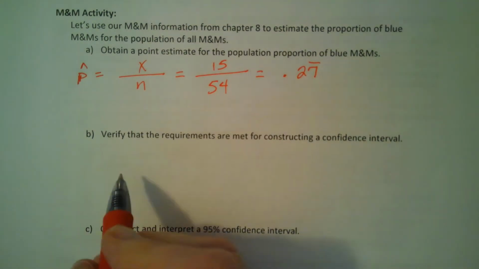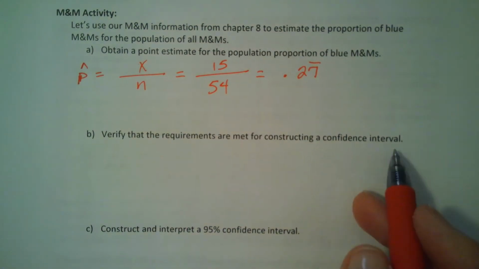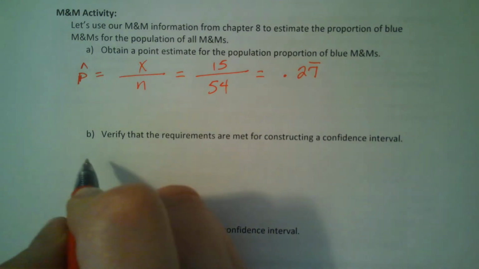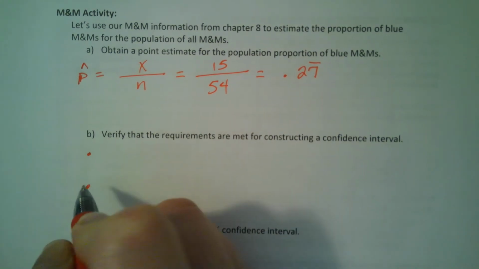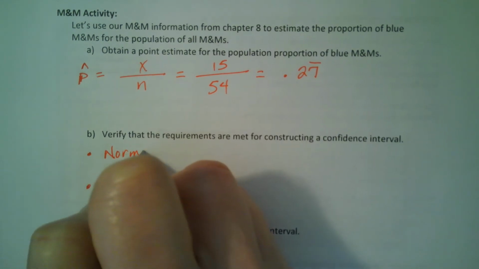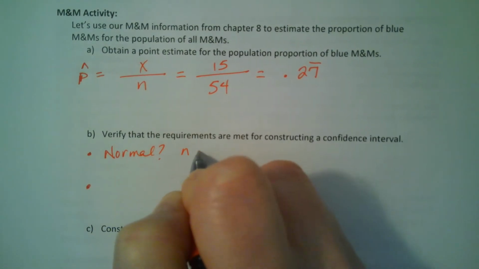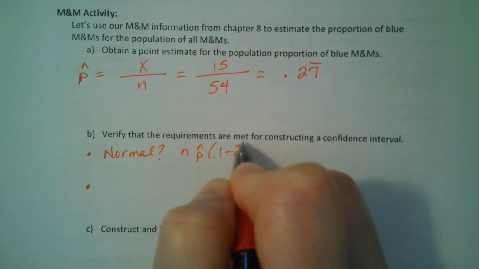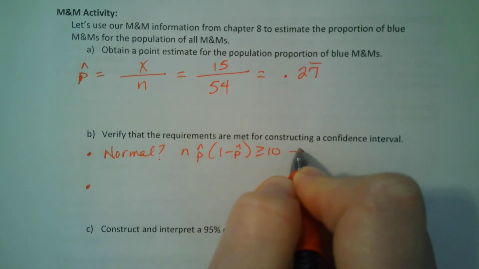So let's verify that the requirements have been met so we can construct a confidence interval. The two requirements that you absolutely have to meet: first, you have to prove that it's normal. To prove that it's normal, we have to prove that n times p times 1 minus p is greater than or equal to 10.